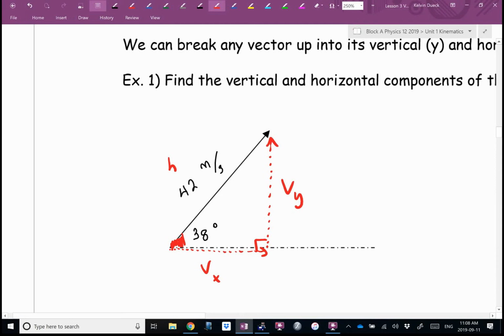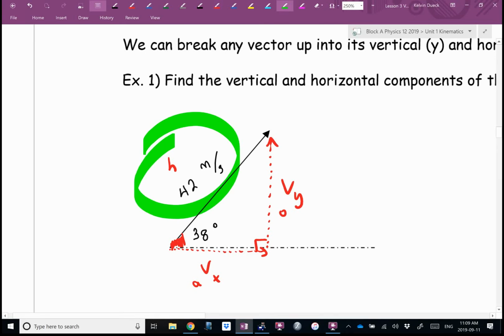What's Vx? Opposite or adjacent? Adjacent. What's Vy? Cool. The only side that I know is this one, so I'm going to have to use trig functions that have an h in them.